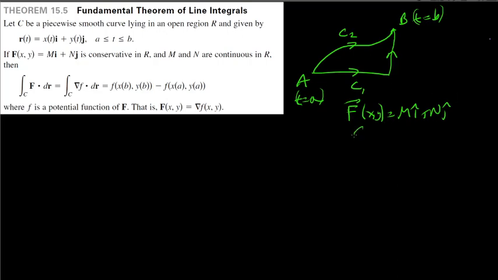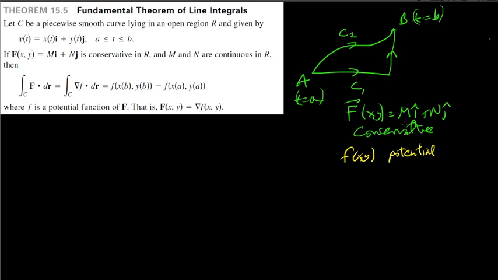So this has to be conservative because otherwise it doesn't have a potential function, and then all of this statement here doesn't make sense. If there is no little f, there's nothing to plug in. There's no function to plug those into. So because it's conservative, that means there is a potential function, lowercase f of xy. So this is our potential.